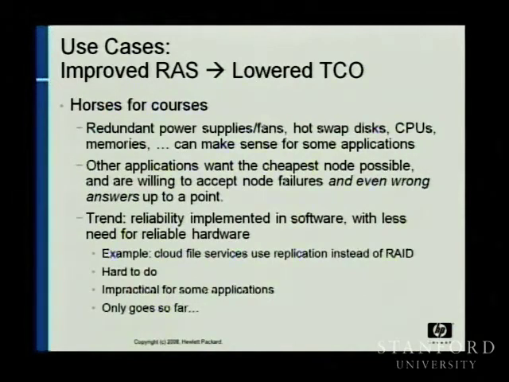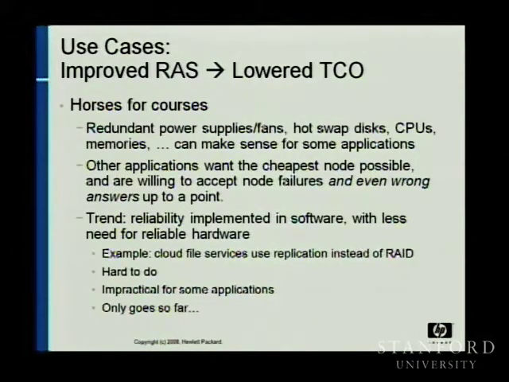So part of this is that you can easily get too enthusiastic about the capabilities to actually do that kind of software. So it's hard. For example, cloud file services typically use replication, so they'll make 3 or 4 copies of a file instead of using RAID. And so that saves money on RAID. You pay a little more for disk.